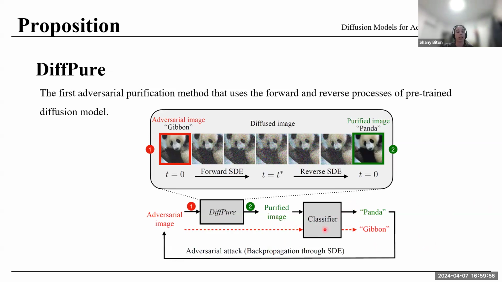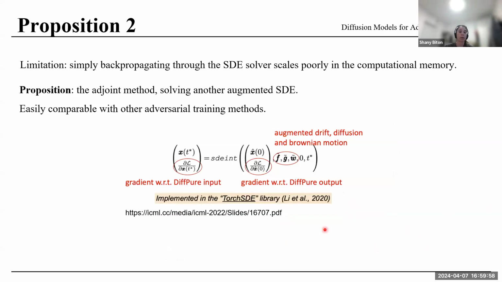But simply backpropagating through the SDE solver is very computationally expensive and really costly. So they propose a way to compute the SDE by using the adjoint method, which is an augmented SDE. I'm not going to get into much detail about how they formulated it, but it's implemented in Torch SDE.